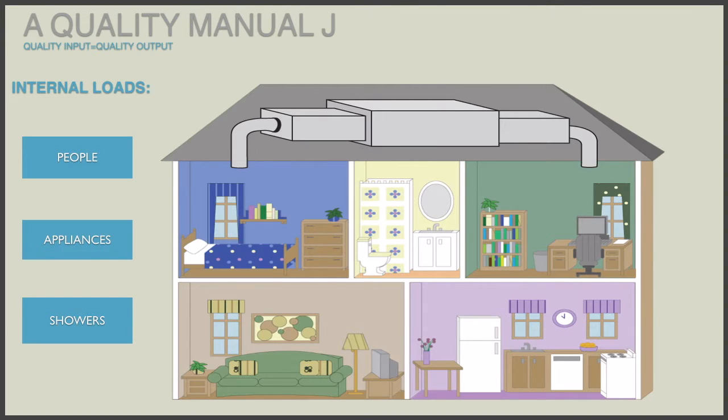And why this is important is that people and appliances generate not just heat, but also humidity. And those need to be added into the loads, which are just being generated by your exterior conditions or weather.